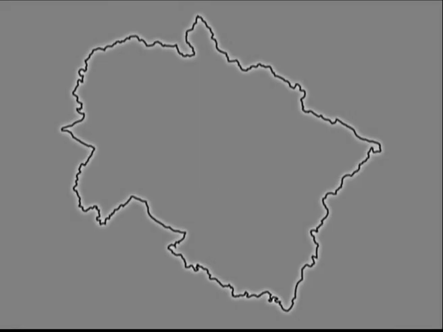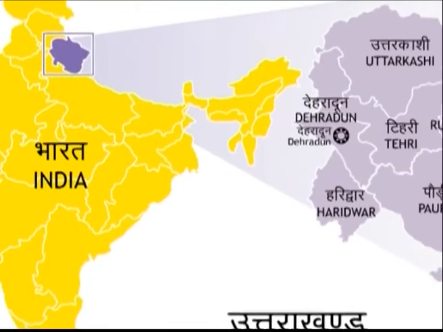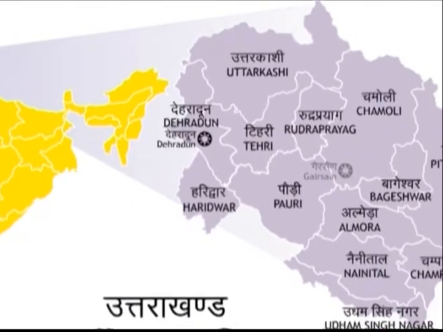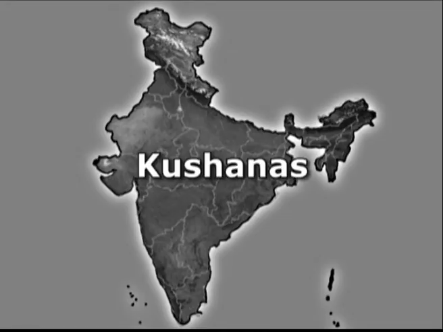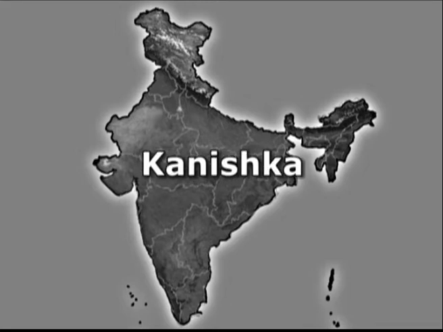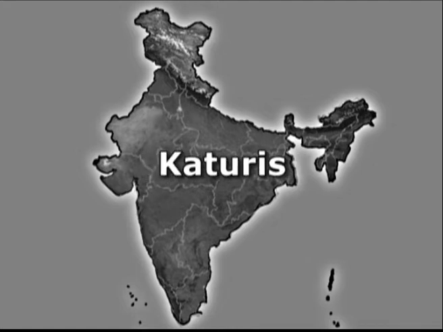Establishment. The new state Uttarakhand finds mention in the ancient Hindu scriptures as Kedarkhand, Manakhand and Himavat. The Kushanas, Kudinas, Kanishka, Samudra Gupta, the Pauravas, Katuris, Palas, the Chandras and Pavaras and the British all have ruled by turns.